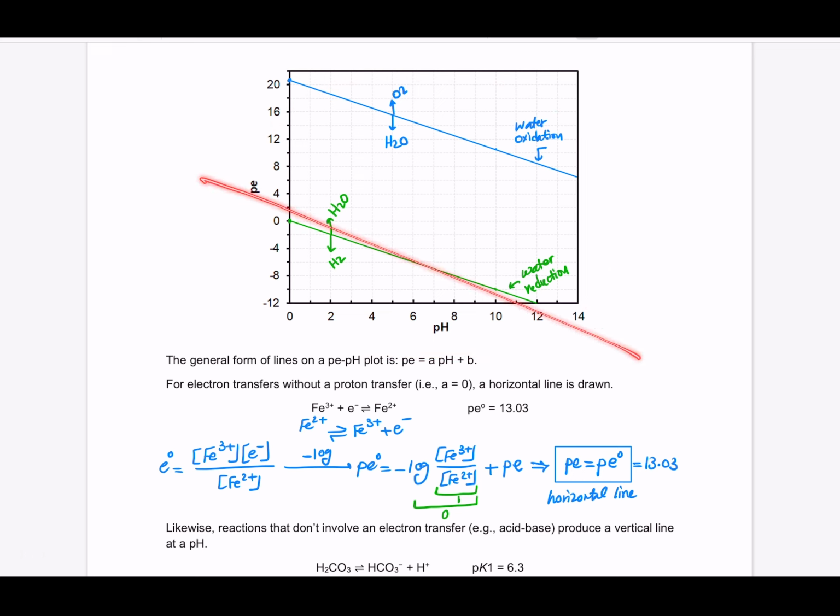That's why this is basically a tilted line. If a reaction is just acid-base, it would be a vertical line, and a simple redox reaction would be a horizontal line. So 3 types of lines we'll get, and you'll see. So this was a very specific case.